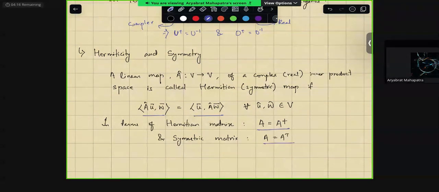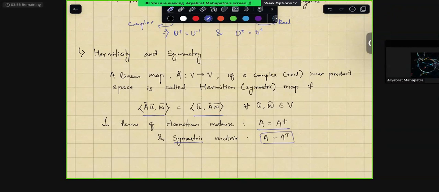So for real cases, if you have an operator A and its elements are all real, then basically you say that this is a symmetric matrix if it satisfies this condition.